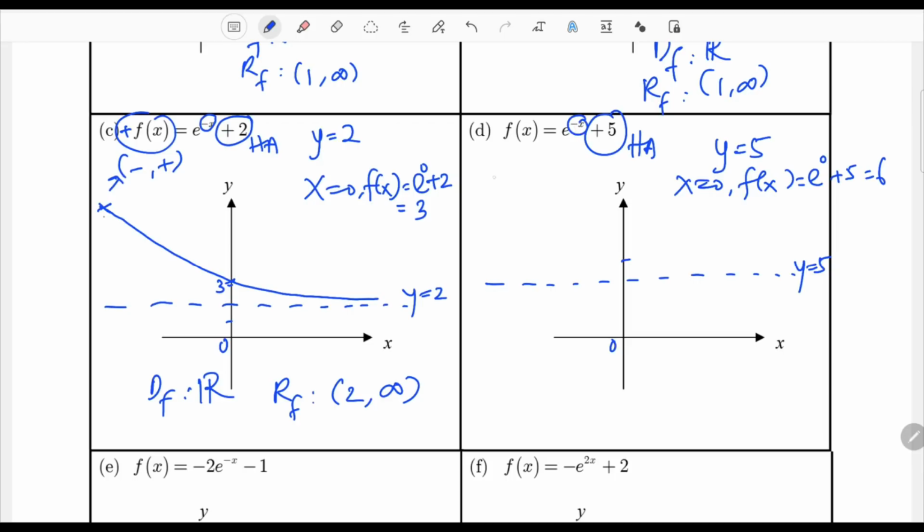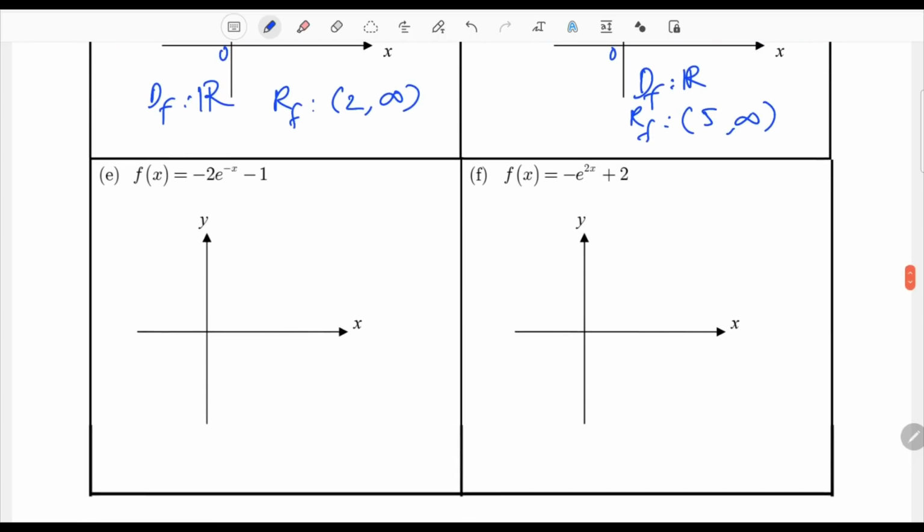So again, negative, positive. You will get a similar shape. This is your 6. The domain of f will be real numbers, the range of f will be (5, infinity).